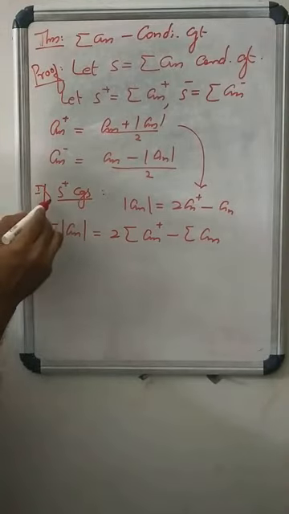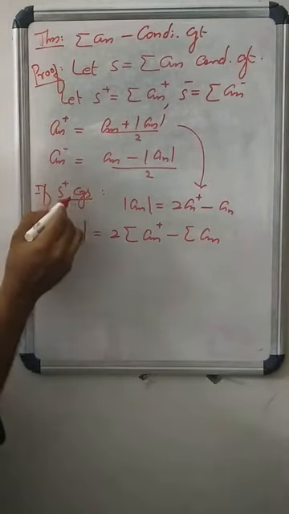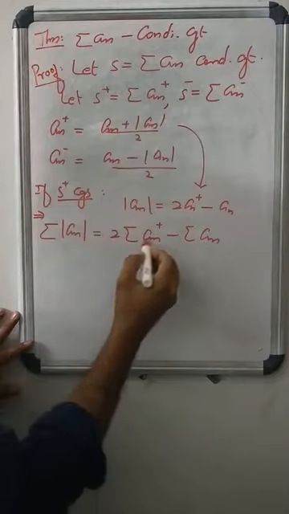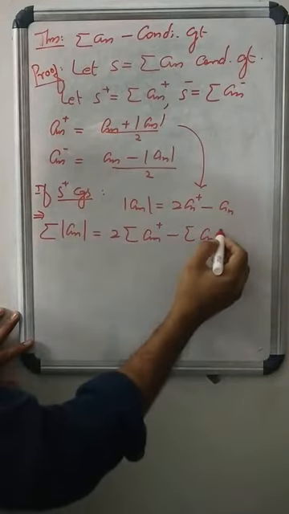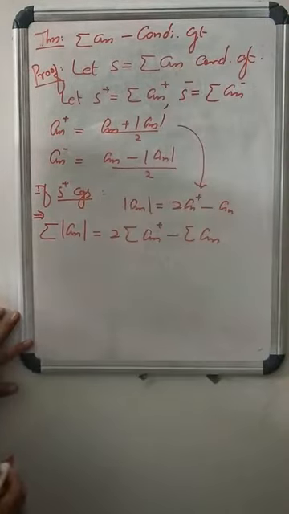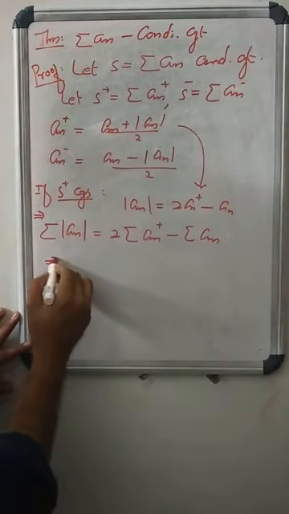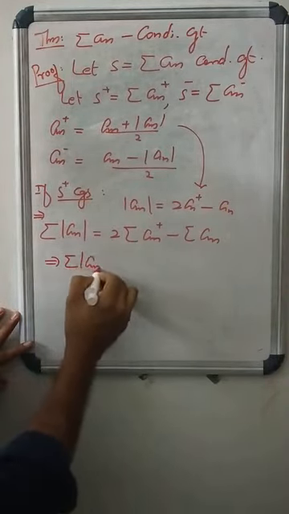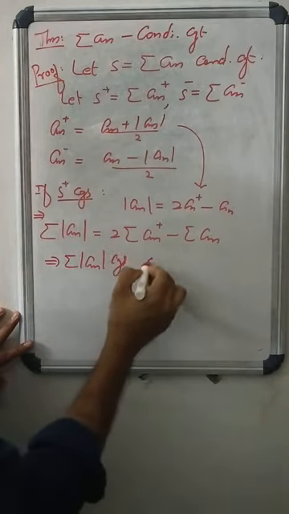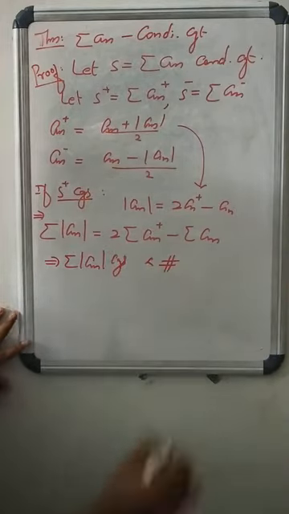But our assumption is S plus converges. What is S plus? Sigma an plus. So sigma an plus converges, and sigma an also converges, that is given. So the right side converges. That gives sigma mod an converges, which is a contradiction to the given hypothesis.